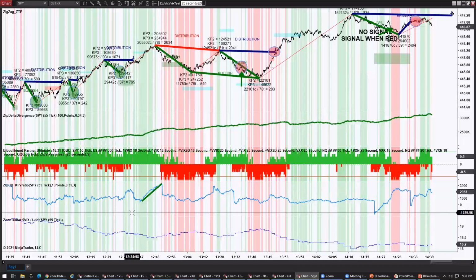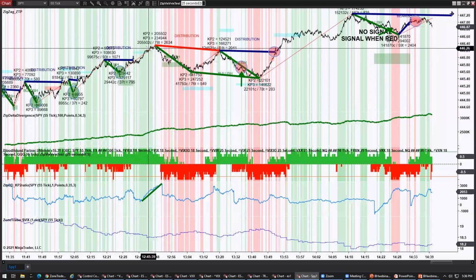But the hardest thing you're going to do is make an exit. Because 90% of the time, you're not going to get a reversal signal up here where there's divergence and a red VIX. It's not going to happen.